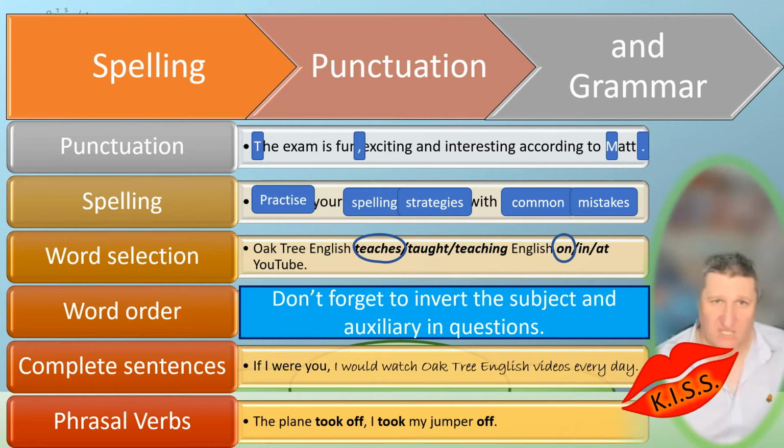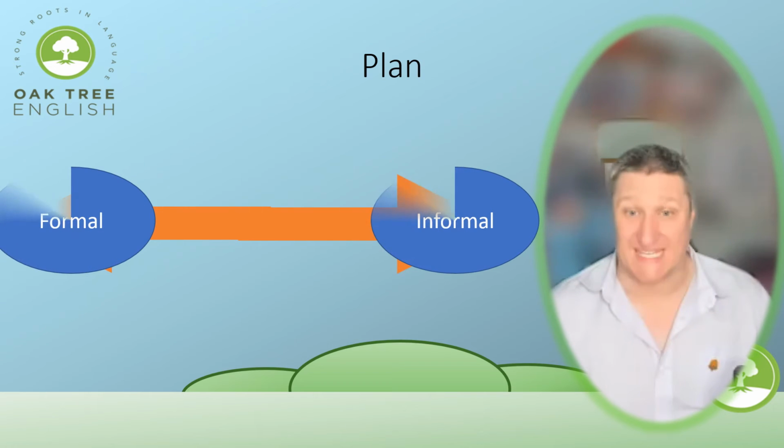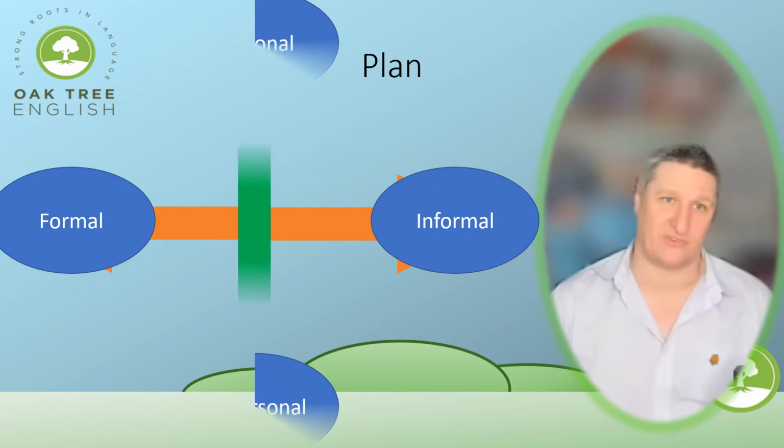But you can't take a plane off unless you're wearing it. And your jumper can't take off unless you're throwing it. But you can take off your jumper. If you find this a little confusing, then I recommend studying up on some phrasal verbs. Here again, it is crucial to keep it simple, students.